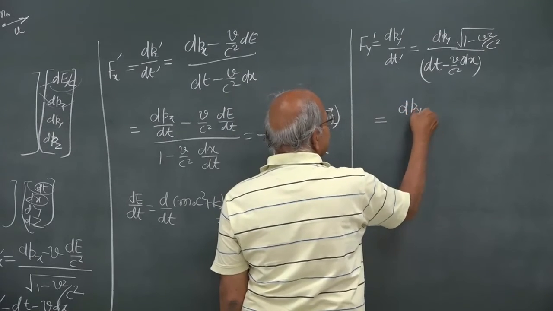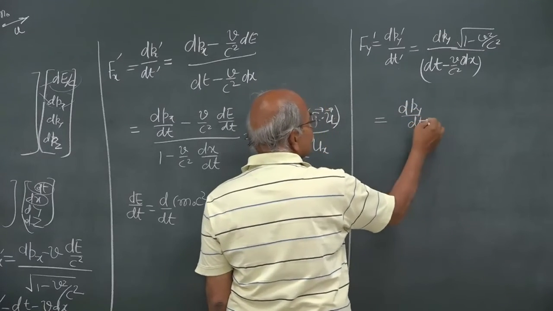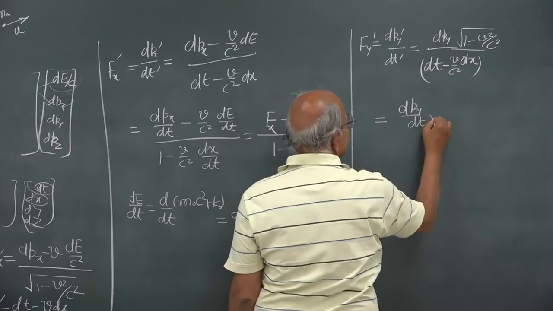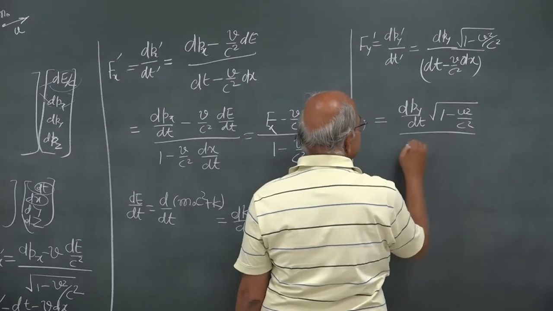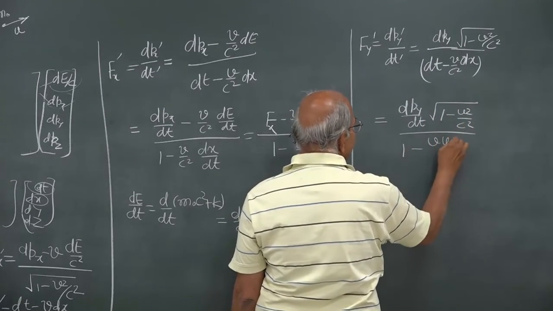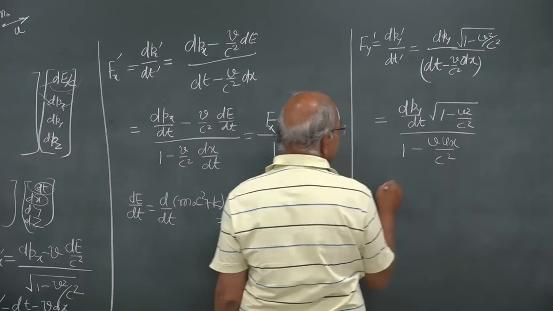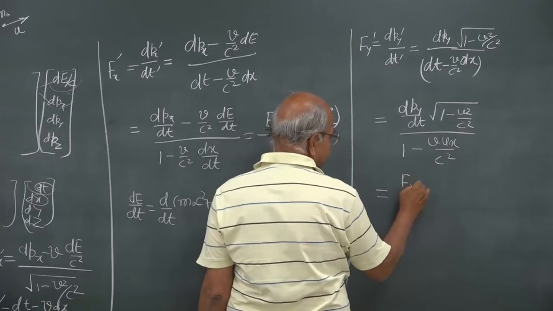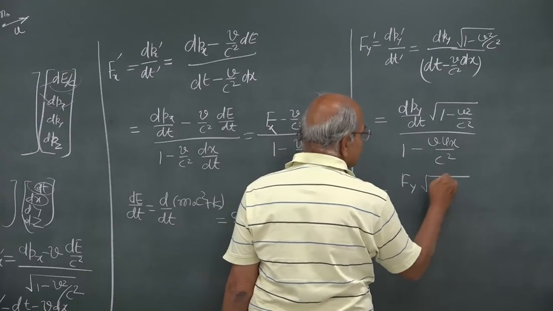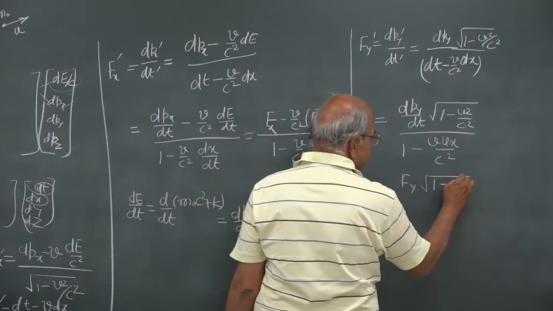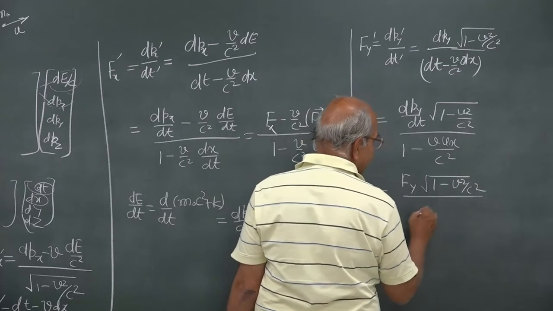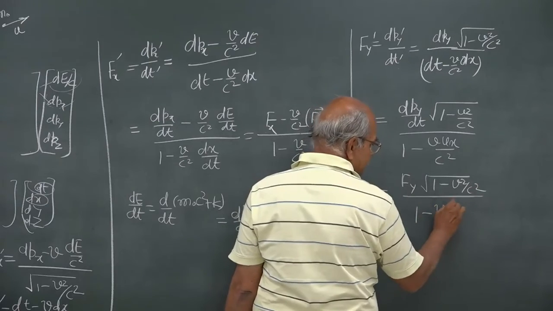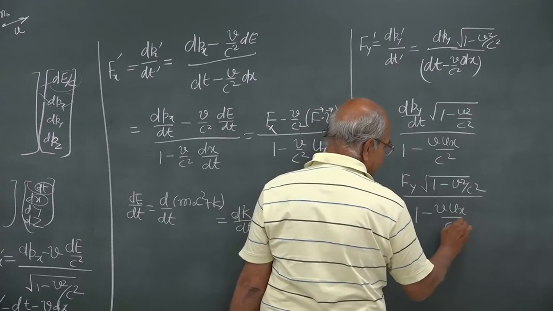This is dpy/dt. So, I am dividing by dt here, and I am dividing by dt here: 1 minus v into ux by c square. So, this is fy times square root of 1 minus v square by c square, divided by 1 minus v ux by c square.